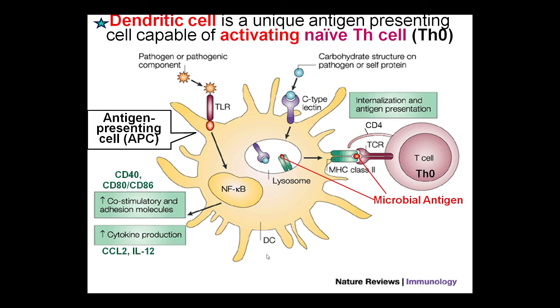Now you understand the dendritic cell presents antigenic peptide together with MHC2 to the TCR. A TCR needs co-receptor interaction of CD4 molecule with the MHC2, and this T helper 0, TH0 naive cell, may be activated only after that.